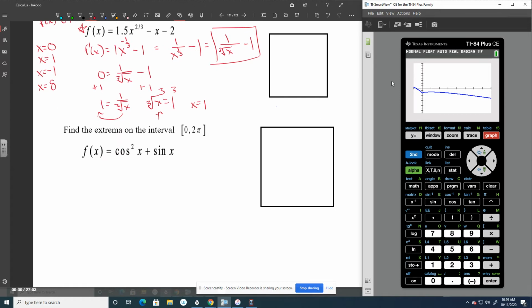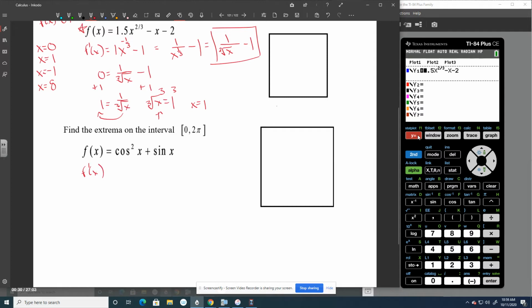So, all right, moving on to the algebraic side of this. So cosine squared of x plus sine of x. Remember, first thing I want to find is my derivative. Cosine squared of x is great to remind us that we're squaring the whole thing, not the x. But remember, that means cosine of x, squared, plus sine of x.